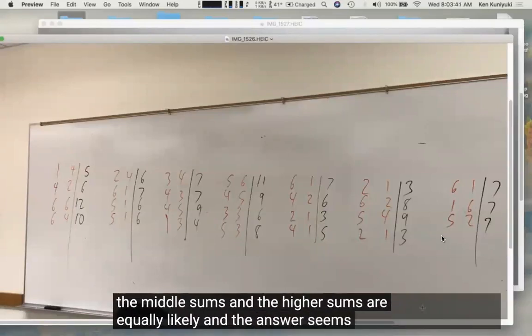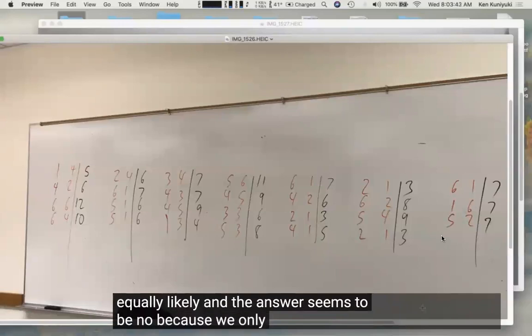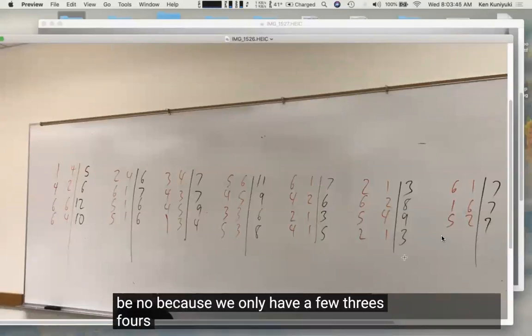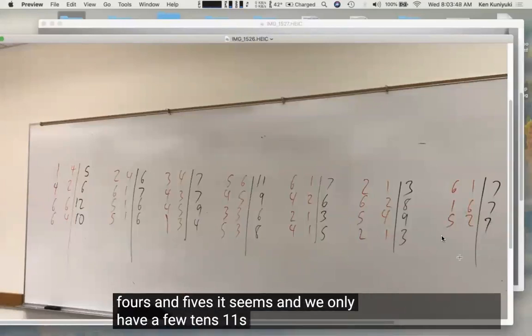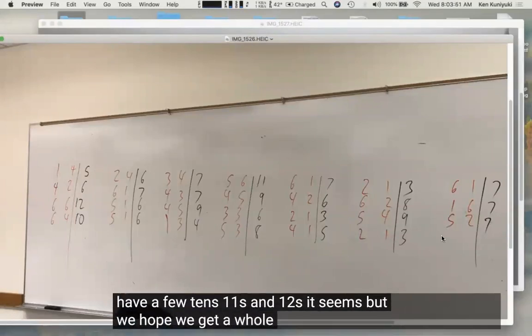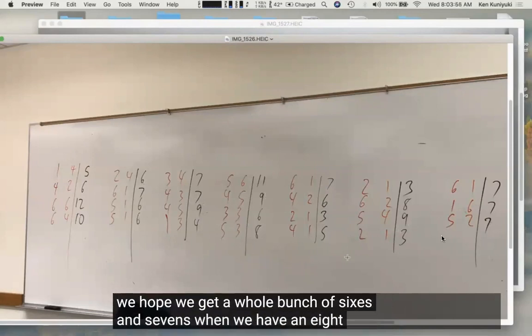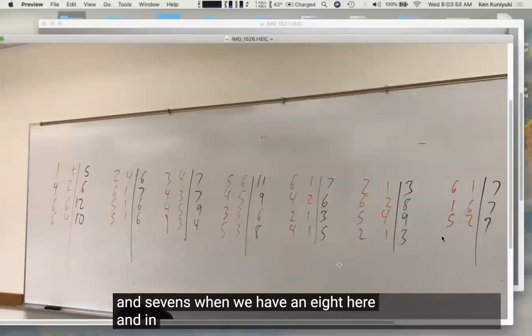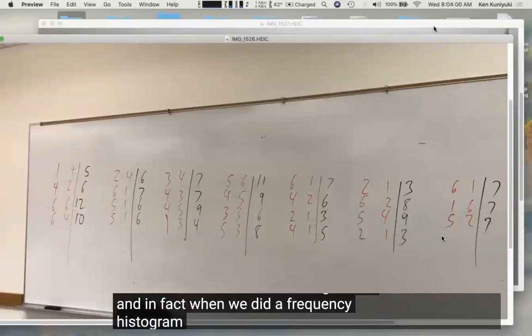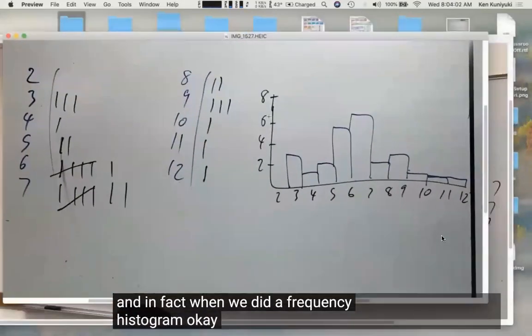And the answer seems to be no, because we only have a few 3s, 4s, and 5s, and we only have a few 10s, 11s, and 12s, but we get a whole bunch of 6s and 7s, and we have an 8 here. In fact, first I did a straight up count by tallies.